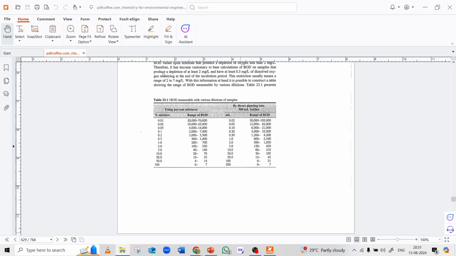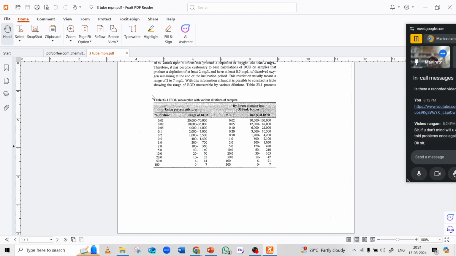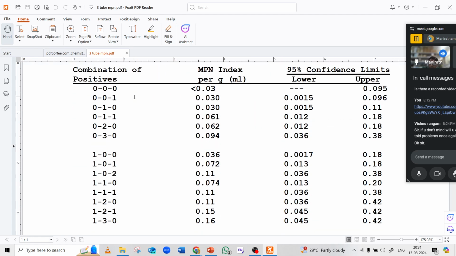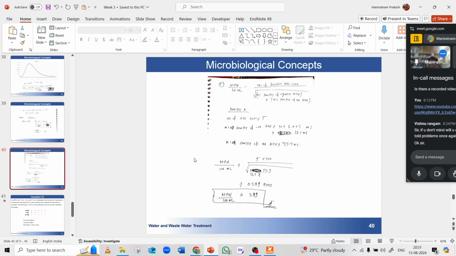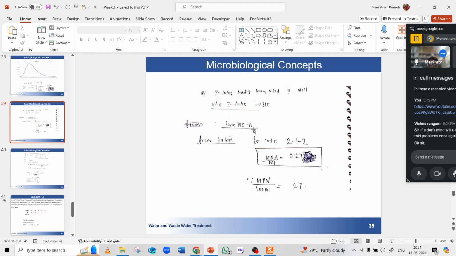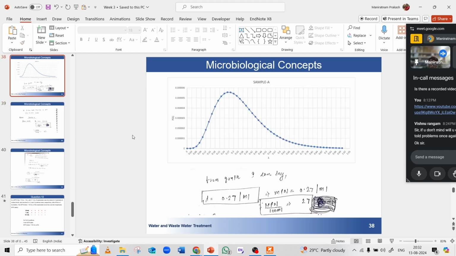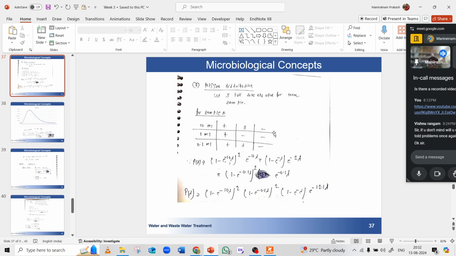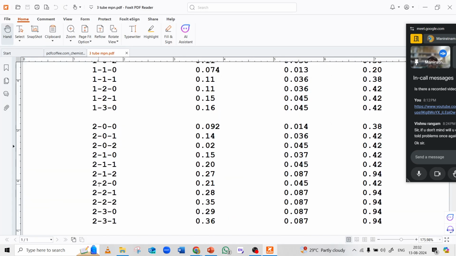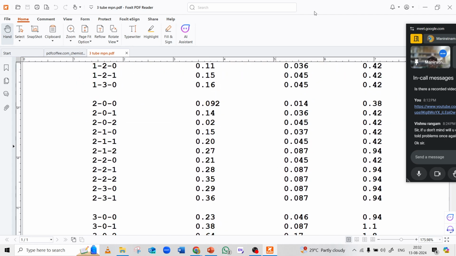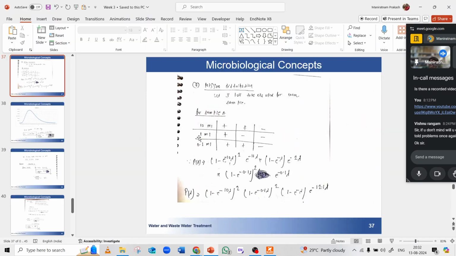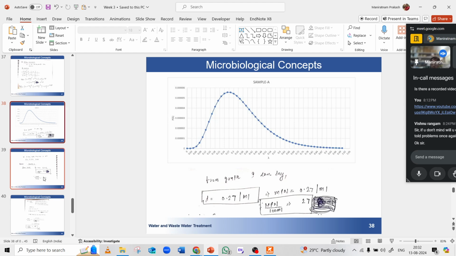As we were using three tubes, here we can see that two are positive, means the code will be 2 1 2. So from here you can see 2 1 2 and here it is 0.27. So 0.27, that is per ml. So MPN per ml, and a similar result was obtained from this graph also.